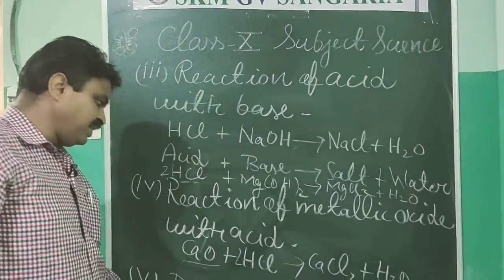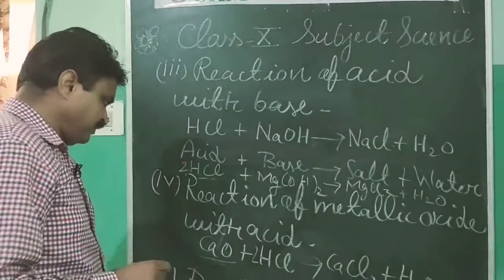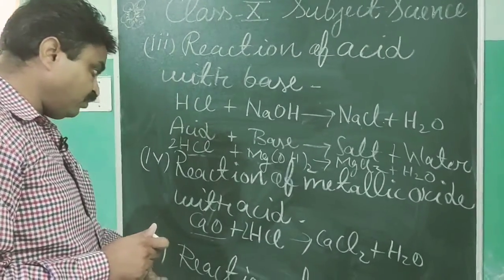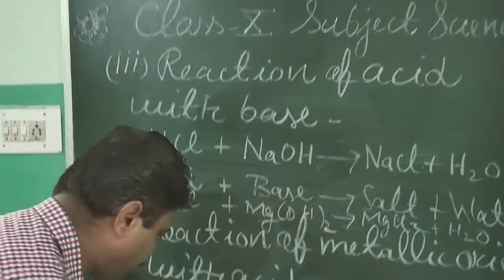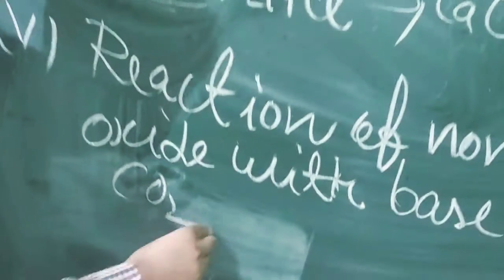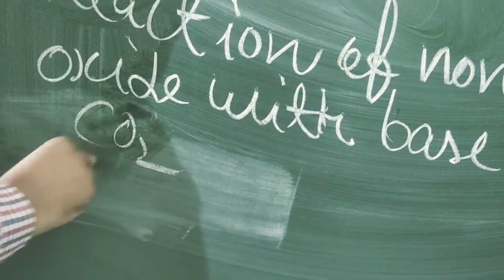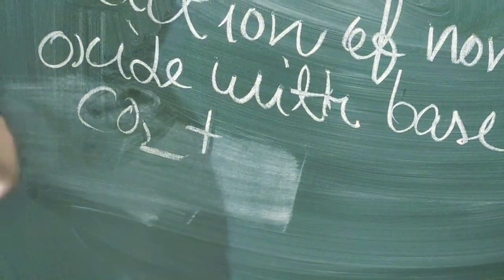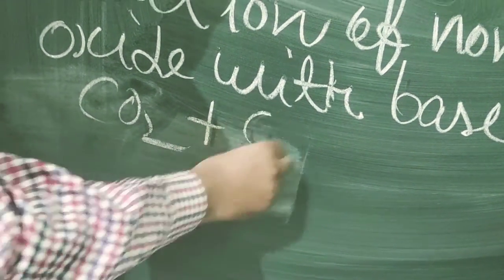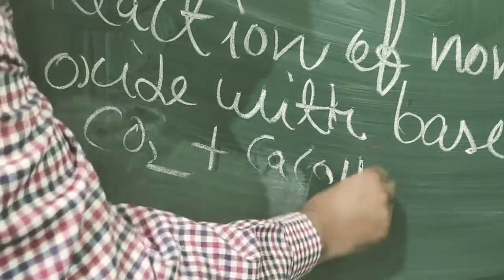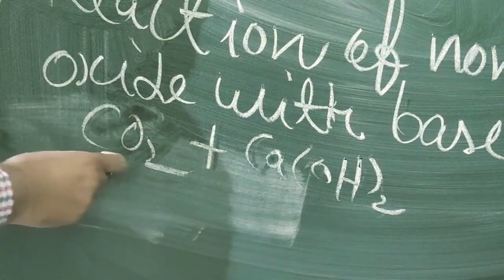For this, you can take one example, like when a non-metallic oxide like carbon dioxide is reacted with one base, that is calcium hydroxide, Ca(OH)2, then what does it form?